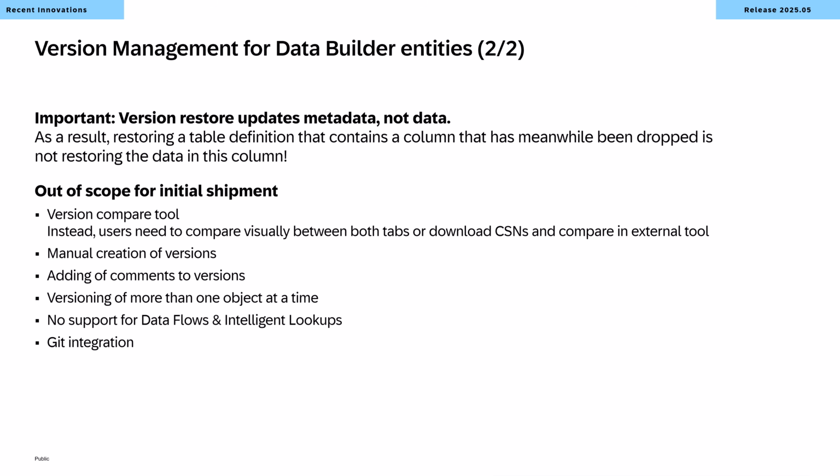What is also important to point out is all the things that don't work. It's super helpful what we did there, but it's only a first step. There's no version comparison built in. You can do this visual comparison between the 2 tabs, that's possibly the standard way.